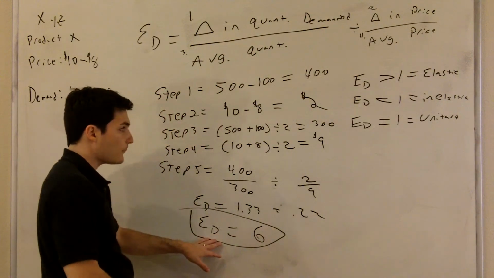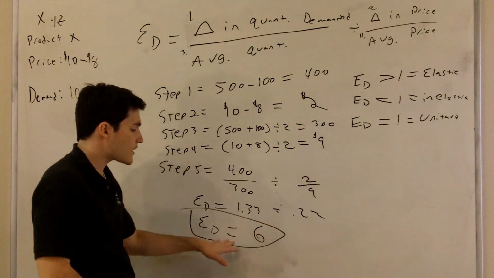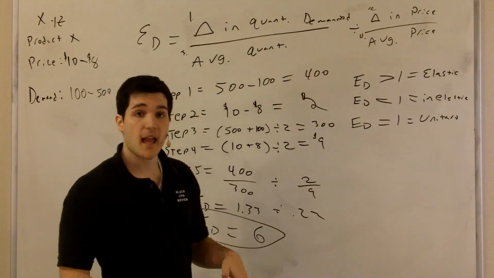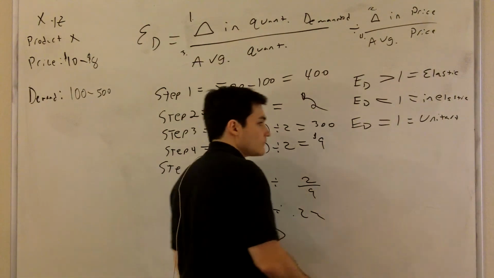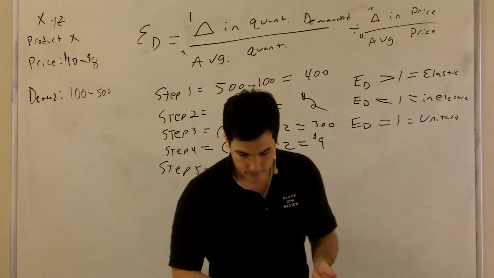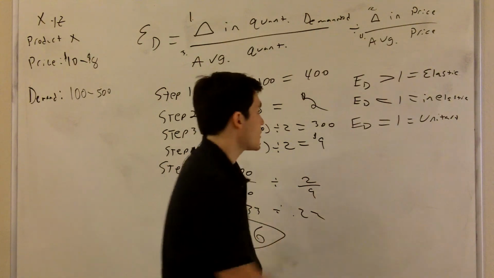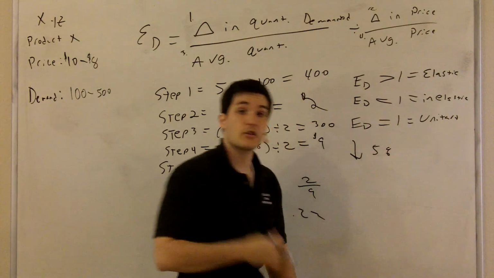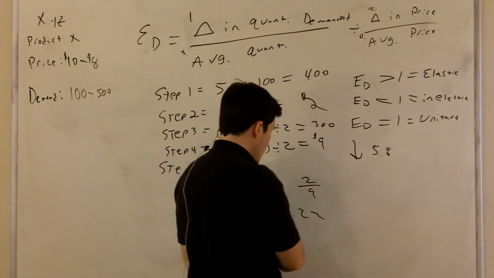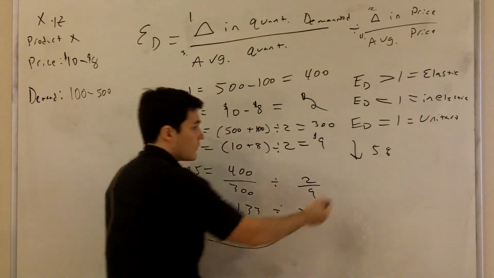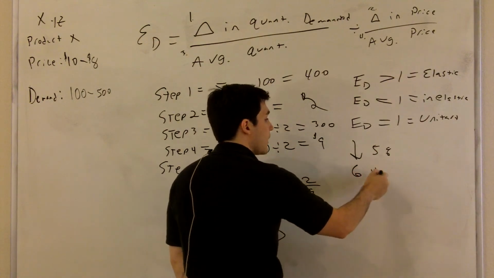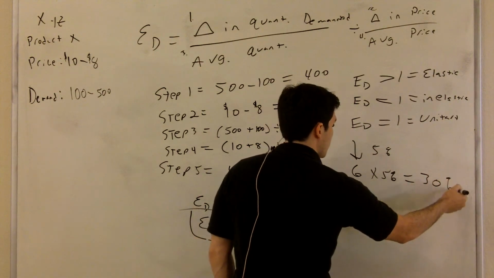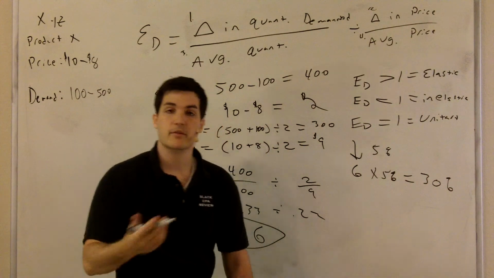We know that the product's coefficient for elasticity of demand is 6. And we're saying, what if we lower the price by 5%? What is that going to do to our demand? Well, the way you figure it out is you take your coefficient, your 6, and multiply it by 5%. So we know demand is going to increase by 30%.